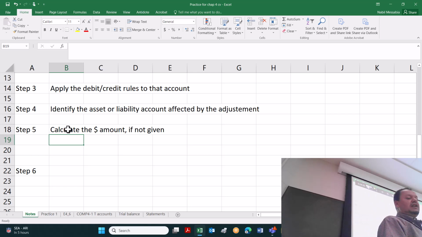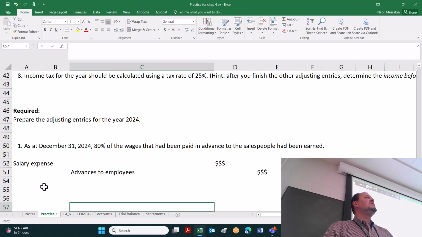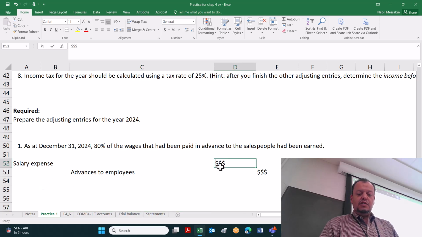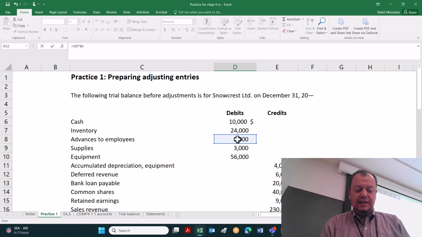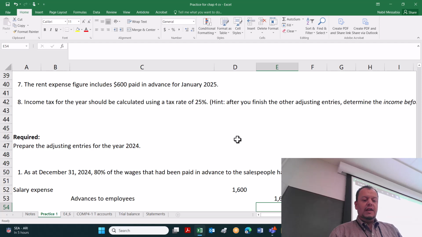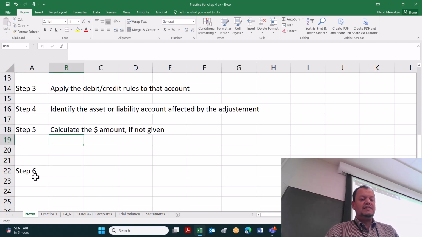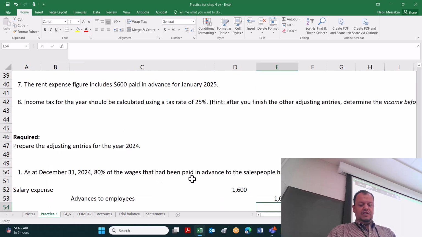Sometimes it needs calculation, like in this case. They say 80%. 80% of what? 80% of the 2,000. So 2,000 multiplied by 80%. And then, if not obvious, the last step, check the balance of the entry. Make sure total debit equals total credit, which is the case. Now we are done. We can move to the next one.